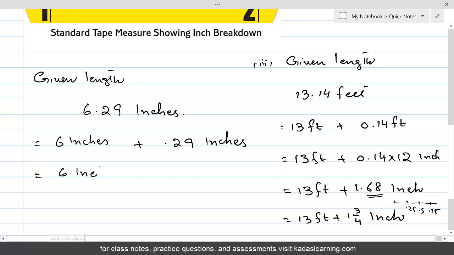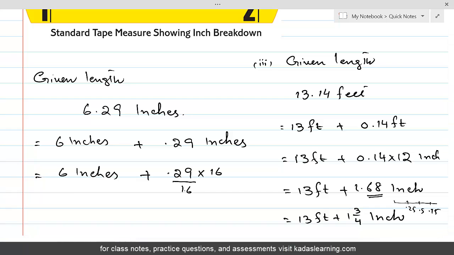So the whole part, 6 inches, doesn't change anything. And for this 0.29, if we want accuracy of 1/16 of an inch, we multiply and divide by 16. If we want this accuracy to be a 32nd part of an inch, we multiply and divide by 32. If we want this accuracy to 1/8 of an inch, then we multiply and divide by 8.